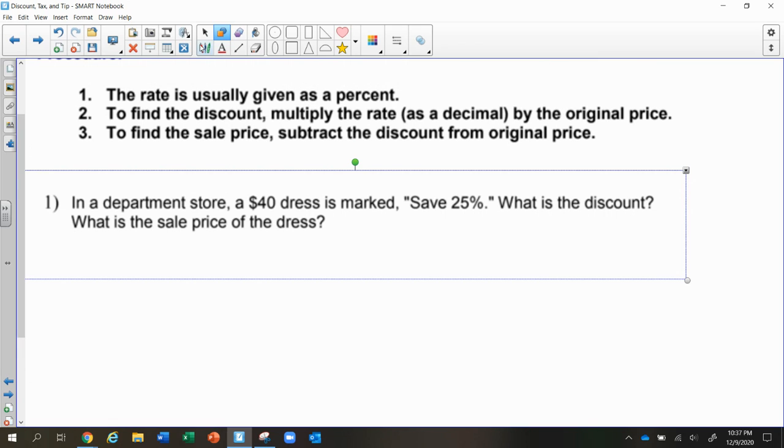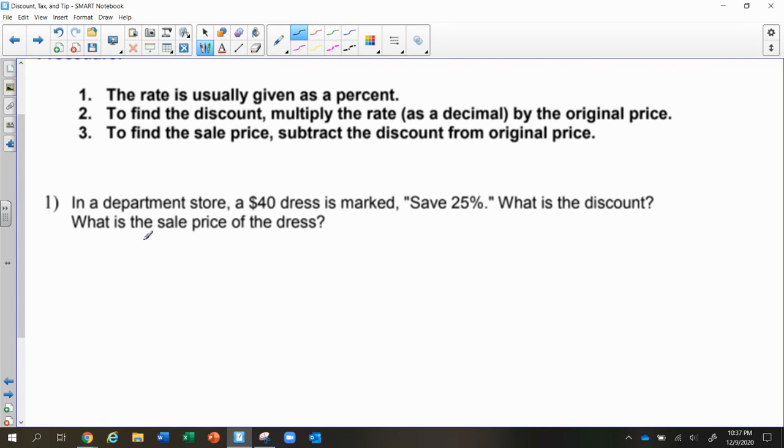So let's work through these steps together. In a department store, a $40 dress is marked save 25%. What is the discount? So the whole price of the dress is 40. I'm looking for the part. I know it's 25%. So that's my percent proportion.